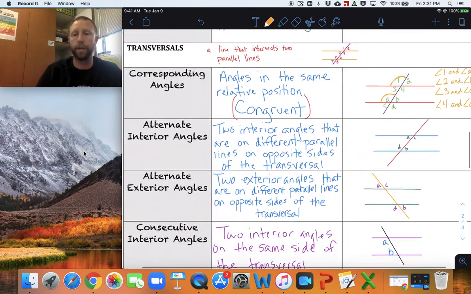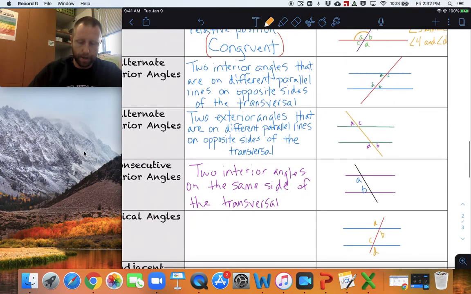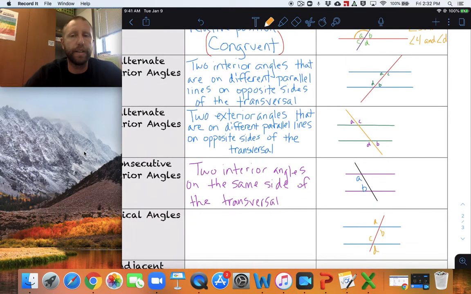Okay, and they are congruent. So if I were to tell you that angle 1 is 110 degrees, you would also know that angle A is 110 degrees.